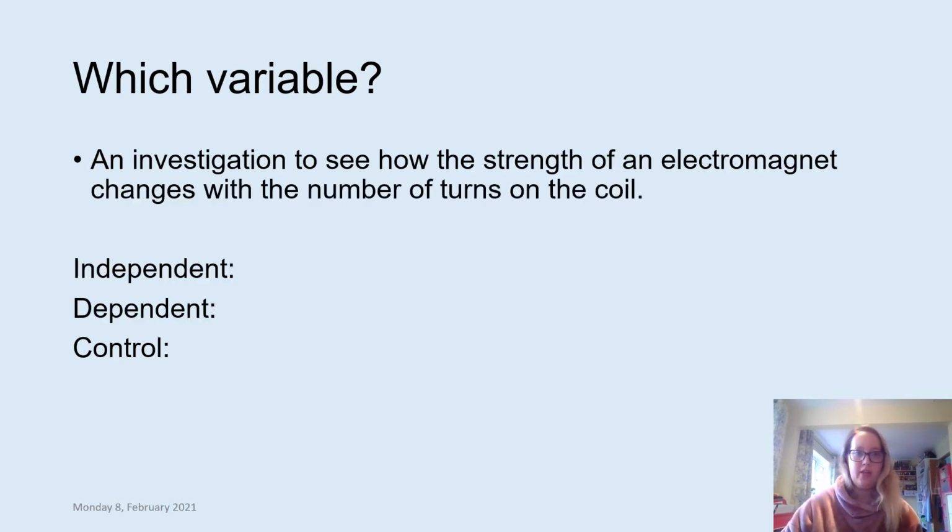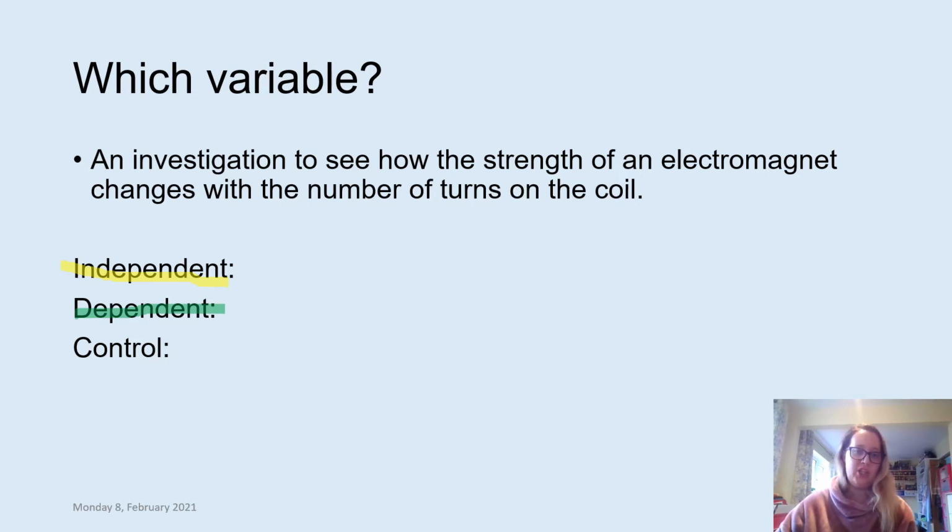Okay, so here we've got another example. An investigation to see how the strength of an electromagnet changes with the number of turns on the coil. Okay, so I'll give you another few seconds to think about that. And I'm going to colour code these.